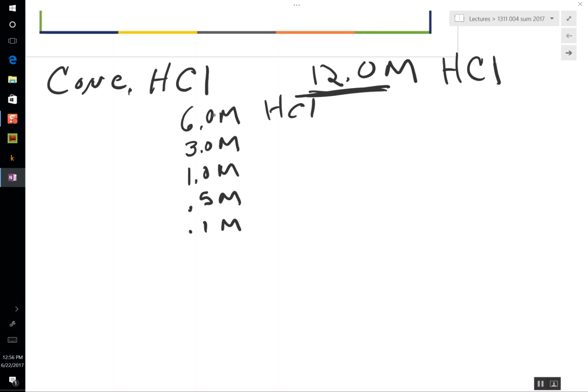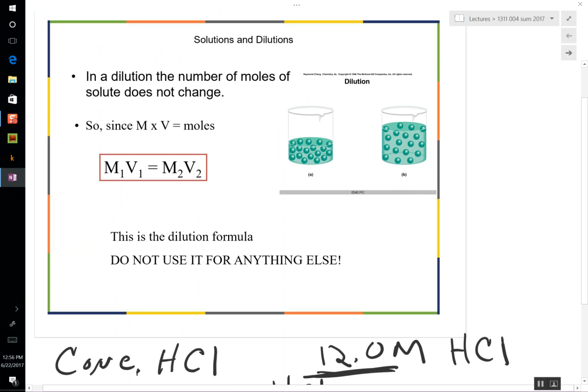So what this slide is trying to show you is that however many moles of the solute were in the concentrate, there isn't going to be any more of them in the dilution. There's more water, not more hydrochloric acid.